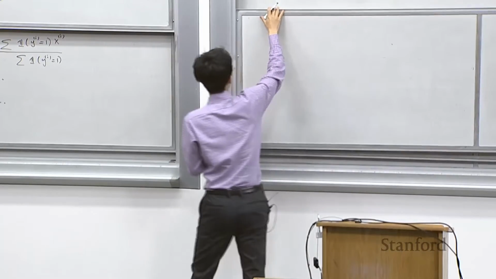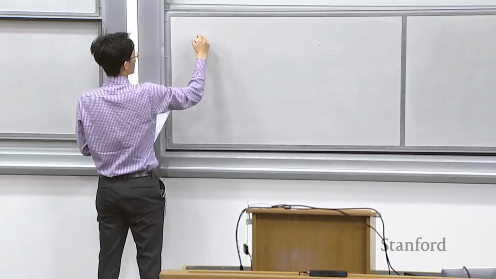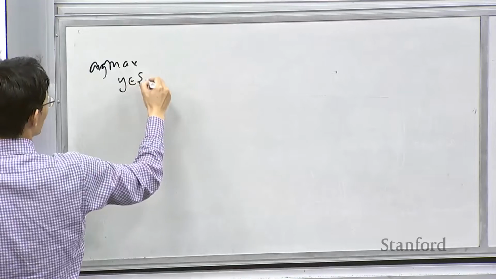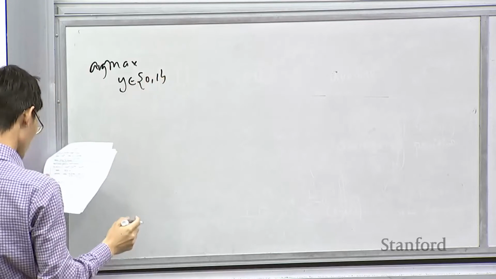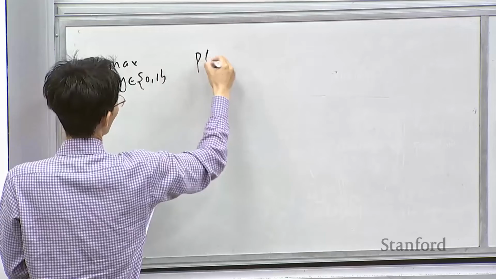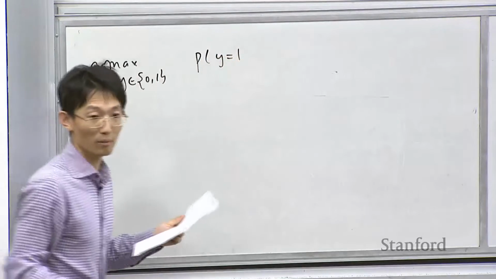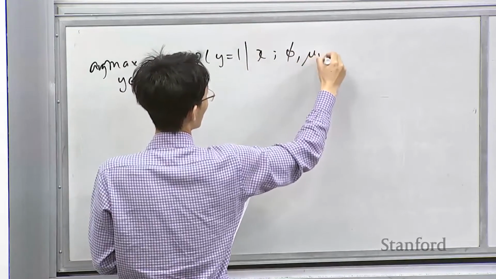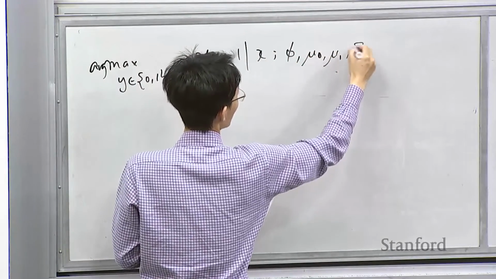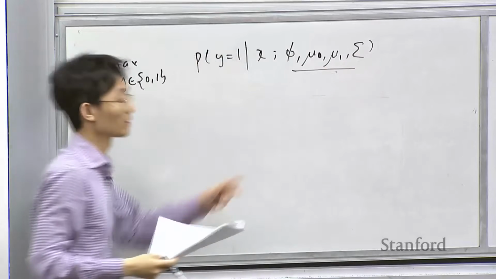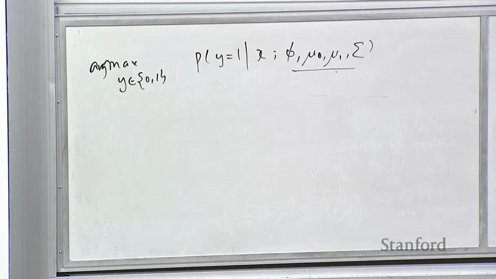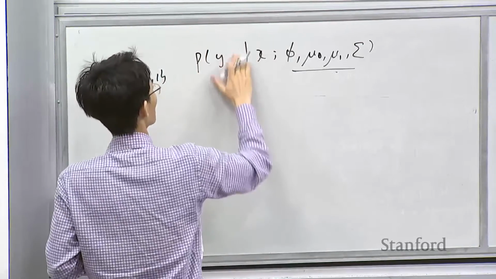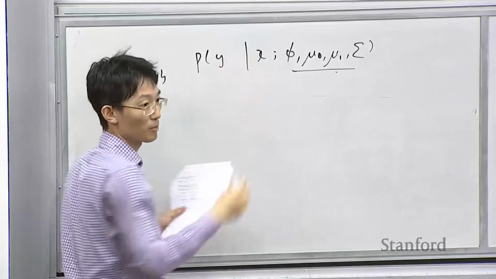We said that you are trying to compute the argmax over the two choices of y, and you want to look at which choice of y gives you the largest probability given x, and given the parameters. And these parameters are the solutions you have computed from these formulas. You compute which one has the largest probability.